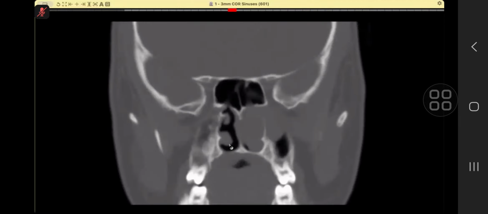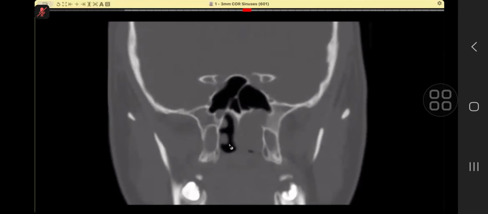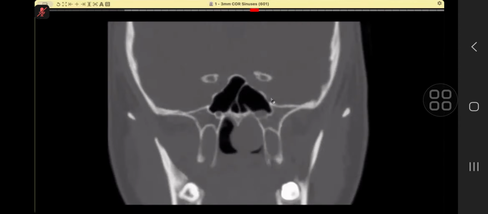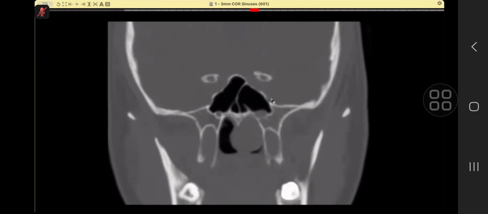Okay, so this is the mass on the left, and I'm looking for the foramen rotundum. So I think this was the foramen rotundum. So is it involved? No, sir. It seems to be on axial images, but it's not.